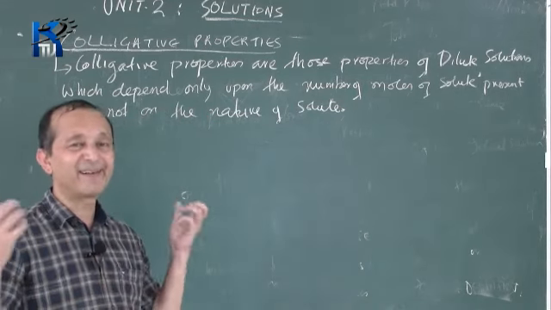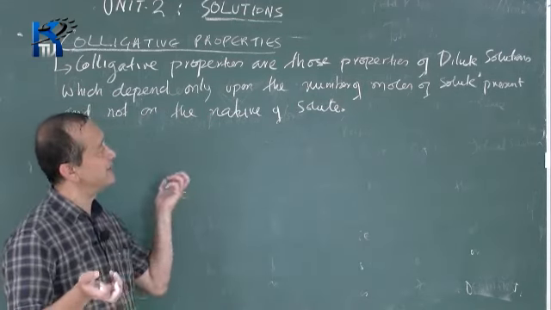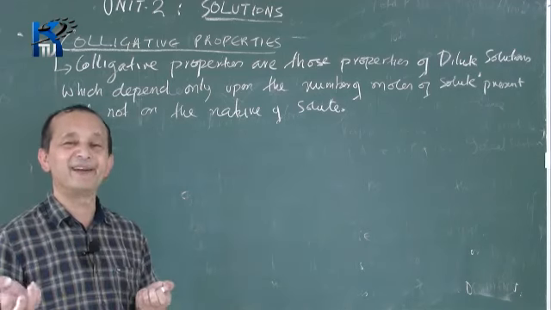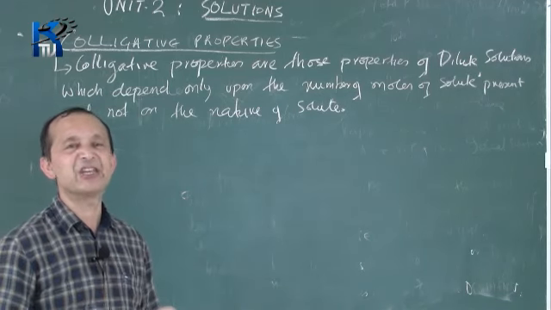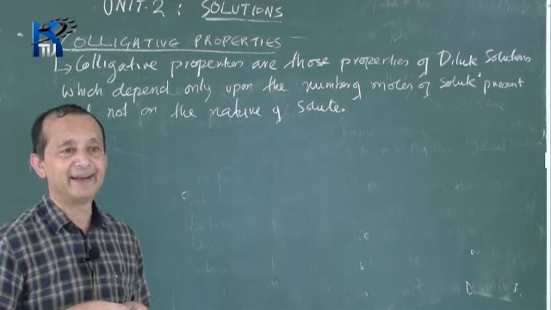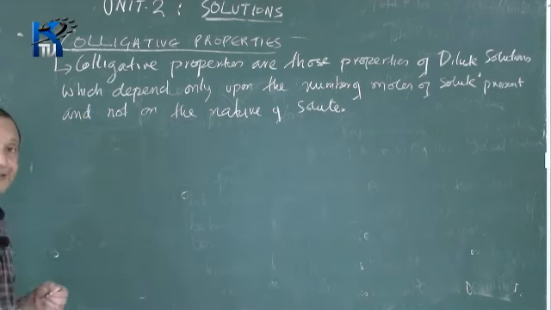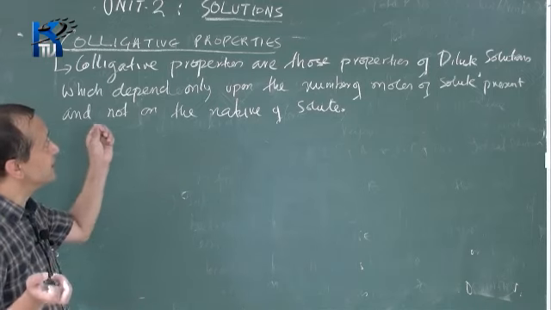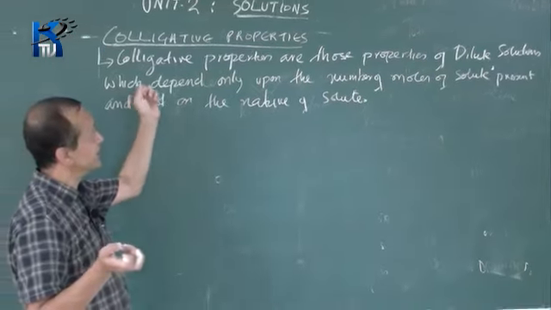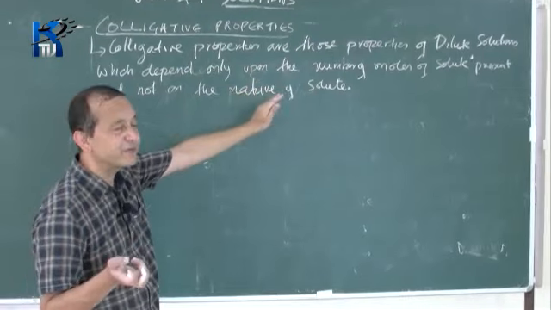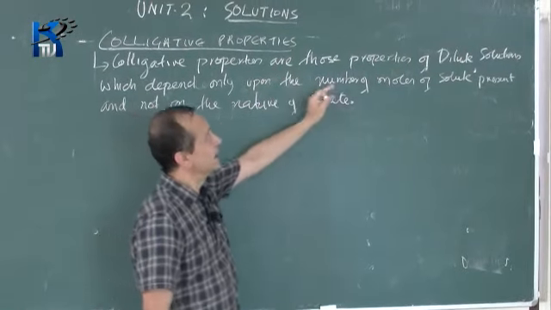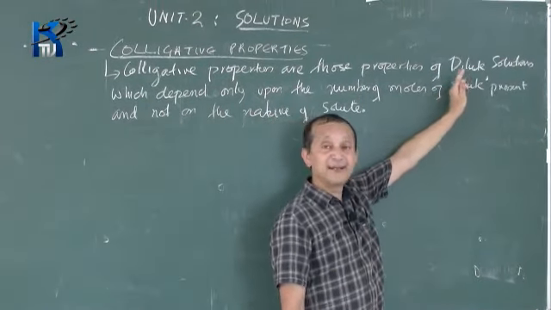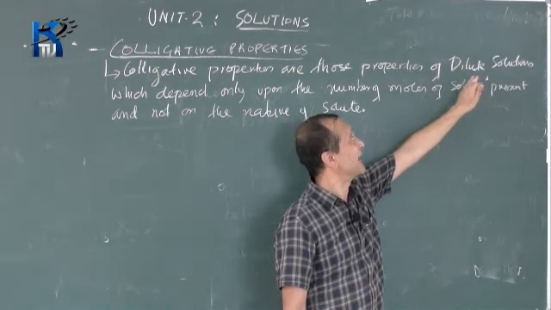It may not be clear to you right now with this definition, but it will be clear when you see each of these colligative properties, do problems on it, or listen to explanations on it. So colligative properties once more: they are properties shown by dilute solutions.